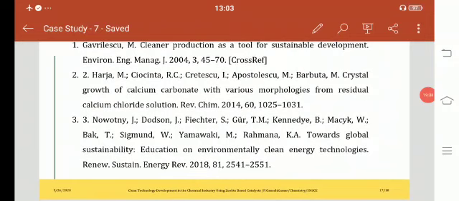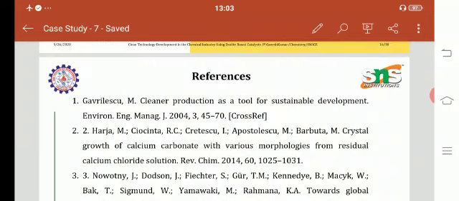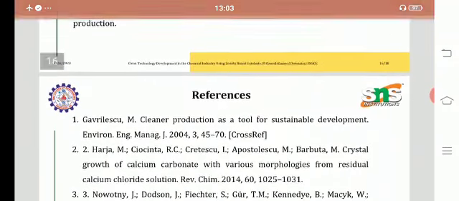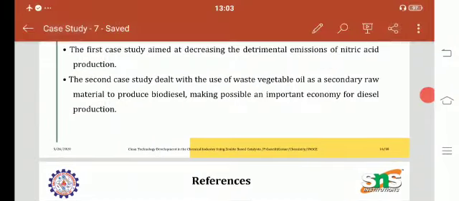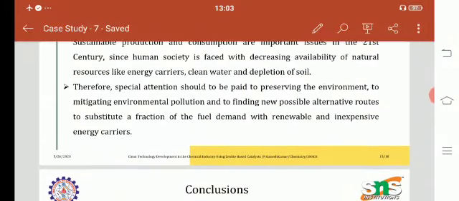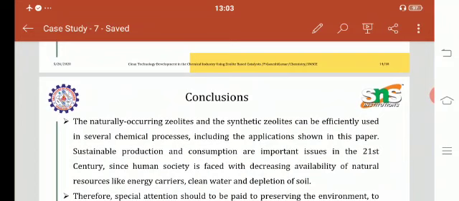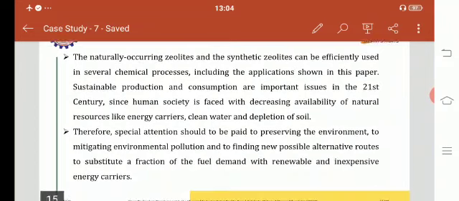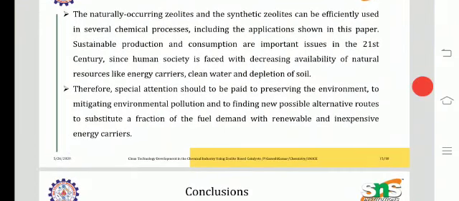You can also go for these references, because zeolite is basically a natural material, with a wide area of research in water treatment to convert hard water into soft water, like that. So it can also be used to reduce the emission levels.